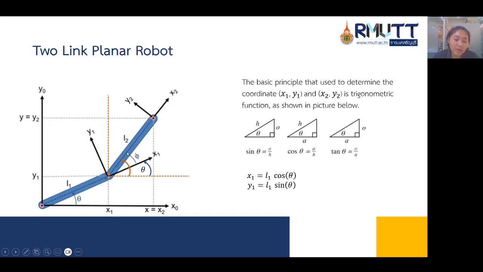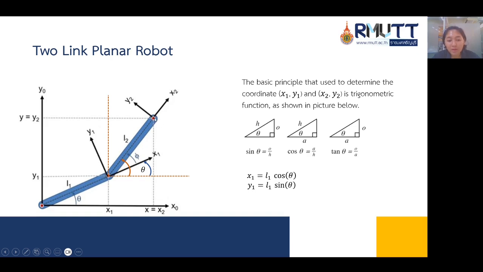This is the degree of freedom relative to the first link. So this x1 axis is taken from the first link, and the y-axis is from the orientation of the first link. And then for the end effector, the x-axis is toward the second link, and then this is the y2 axis.